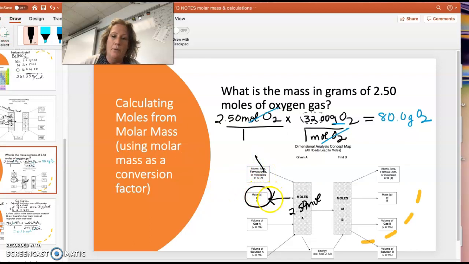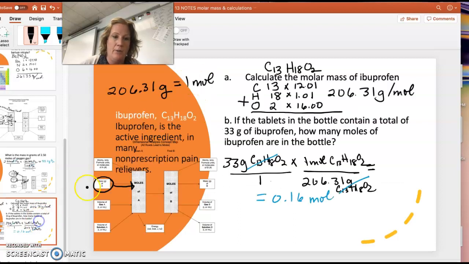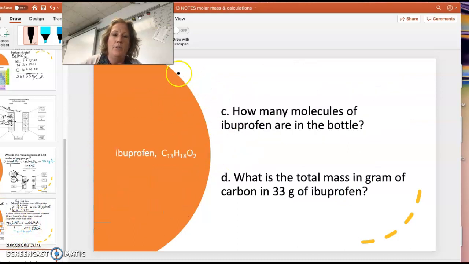So I would go from gram to mole, and then from mole out here using Avogadro's number to molecules. I could also just start with the 0.16 mole and have it be a one-step problem, but I'm going to do 2 steps.